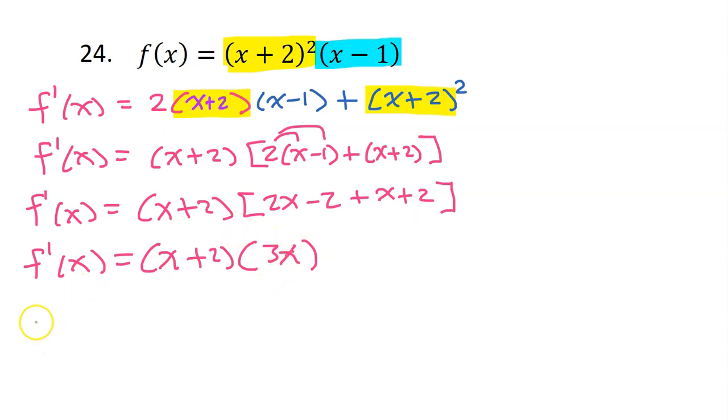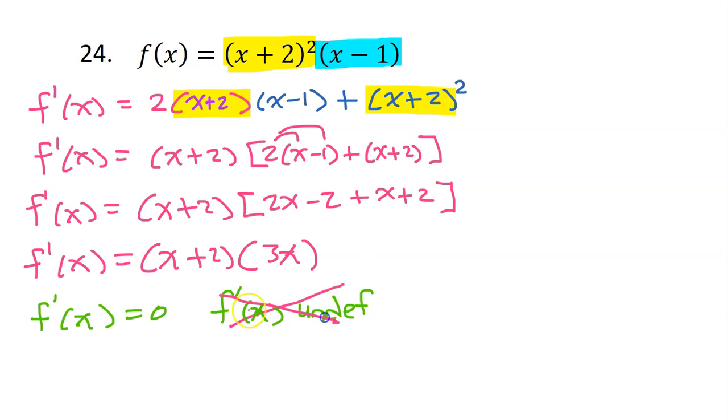So it's time to find the critical numbers. That's where f prime either equals 0 or the values that cause f prime to be undefined. But again, this is a polynomial, so there are no values that will cause f prime to be undefined.